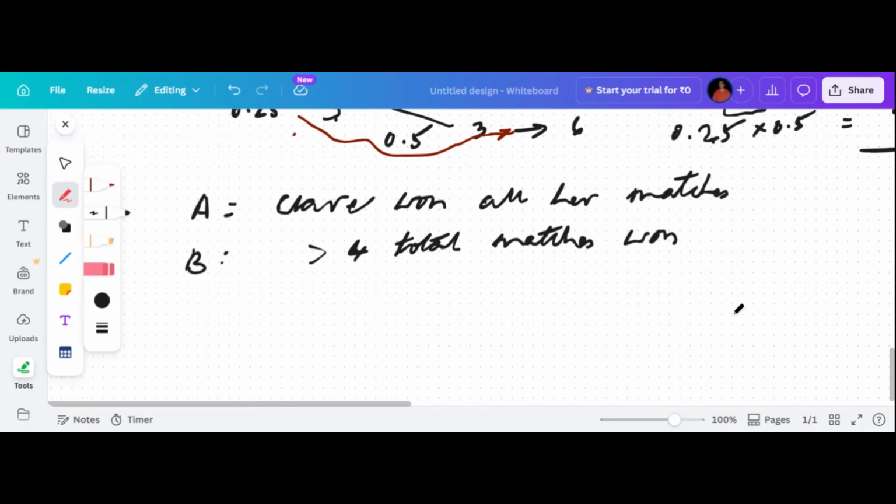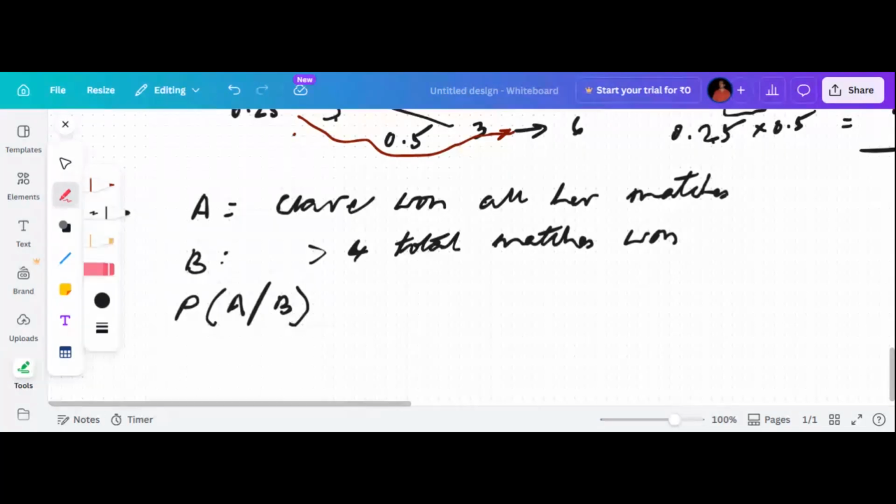We have to find the probability that Claire won all her matches, given that they won more than 4 matches in total.